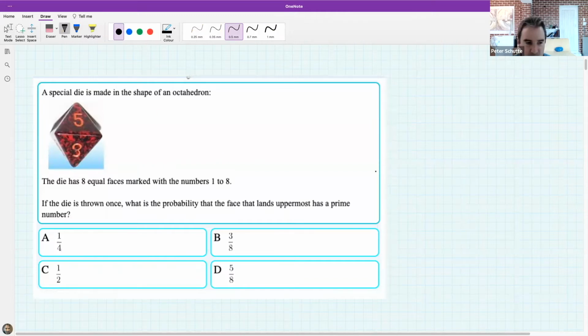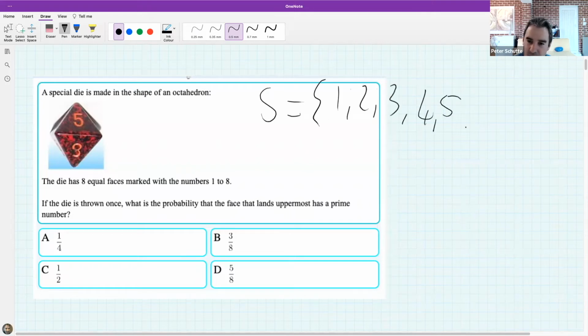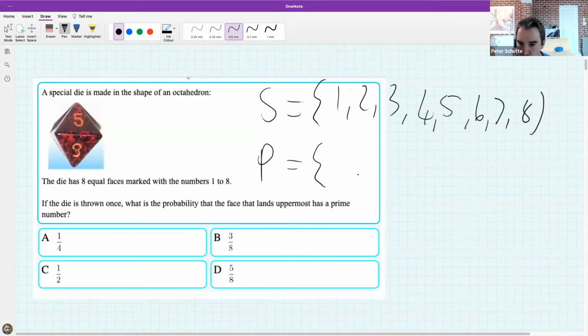Okay, so we have an 8-sided dice. So the sample space would just be those items. And we want a prime number. So the primes would be 2, 3, 5, and 7.